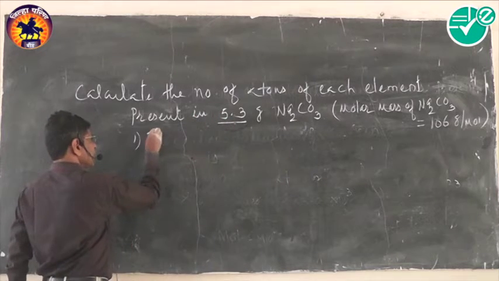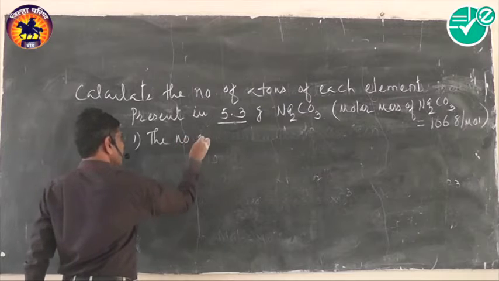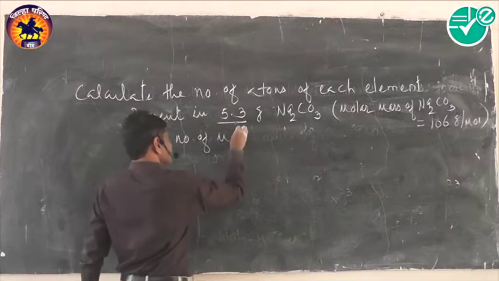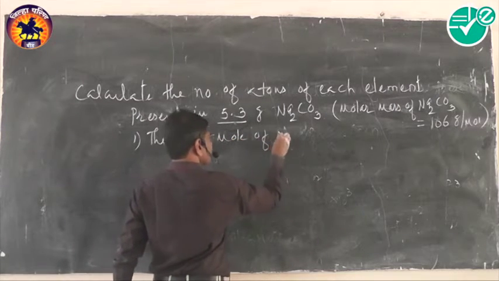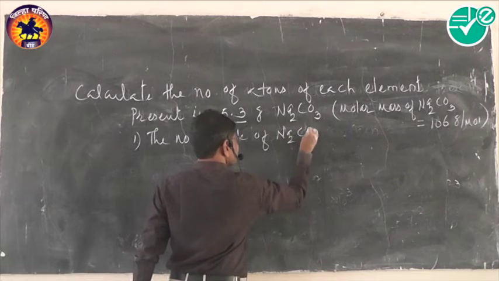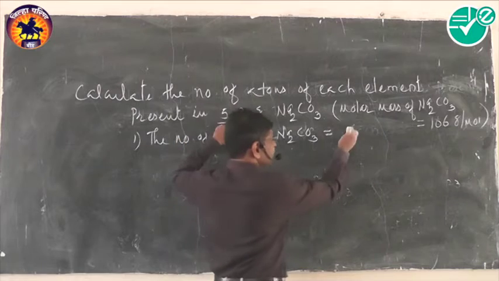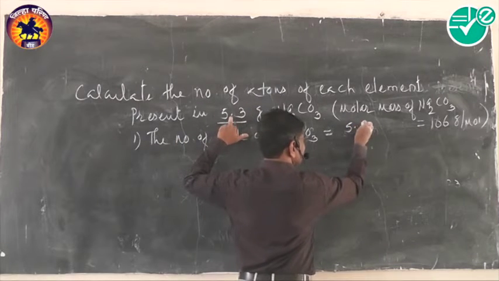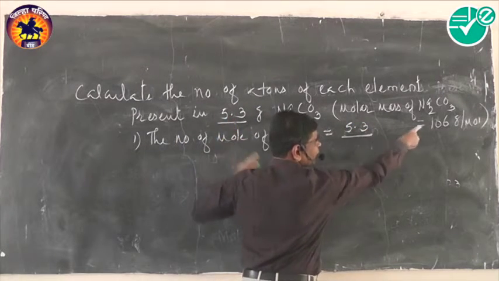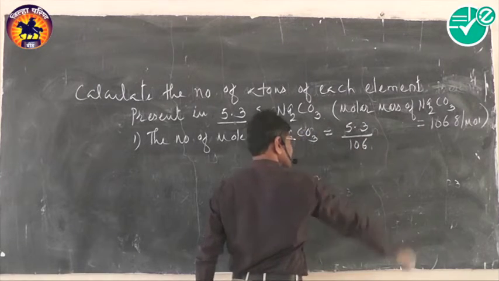Remember, the number of moles of sodium carbonate is equal to the mass of sodium carbonate in gram, that is 5.3, upon its molar mass in gram, that is 106.